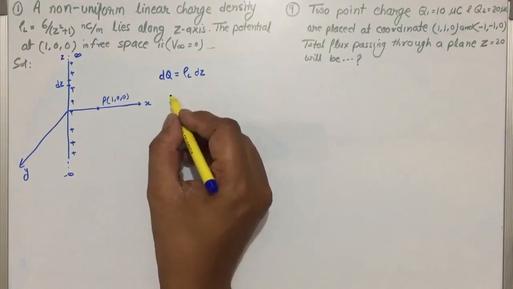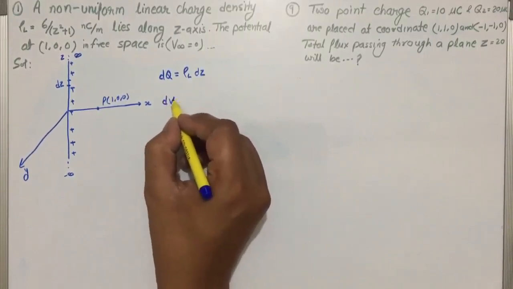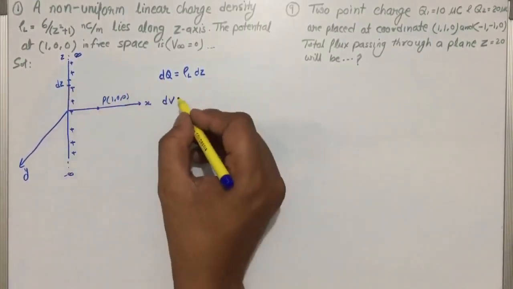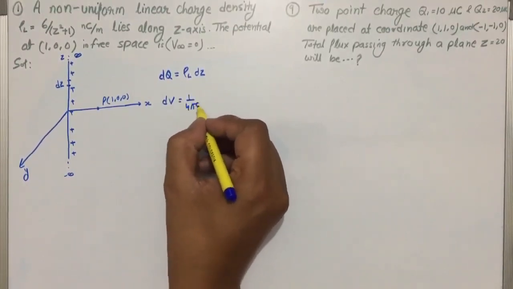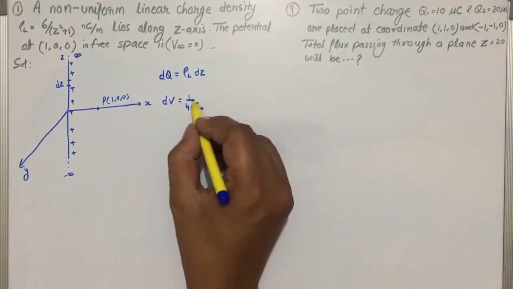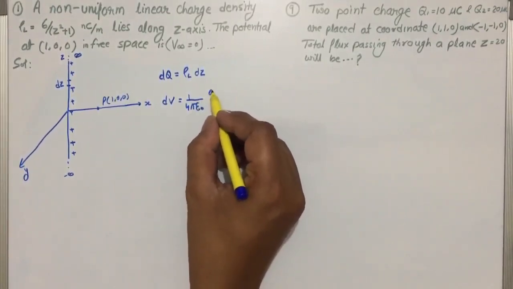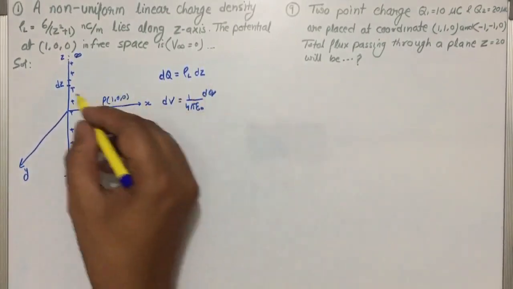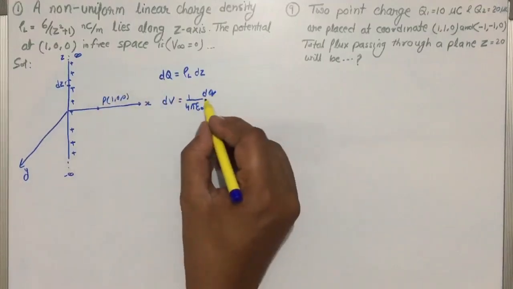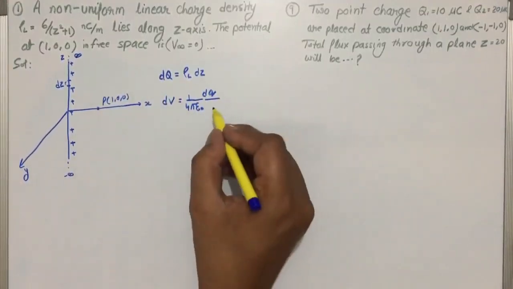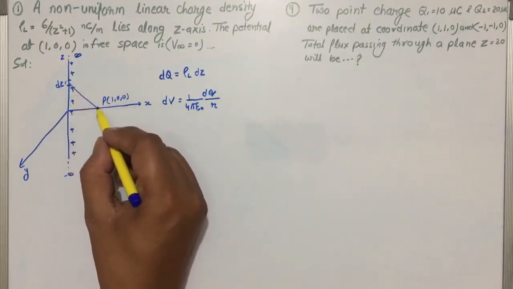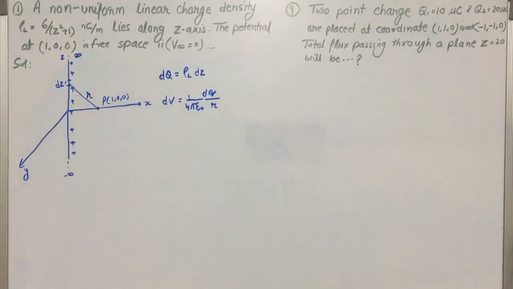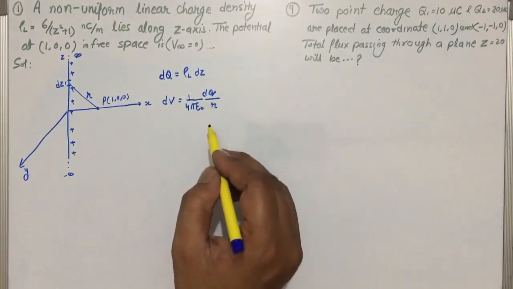If we wish to find dV from that charge, it is 1 by 4 pi epsilon naught in free space, times q by r, where r is the radial distance from the charge to the point of interest. This is the simple formula that we know.